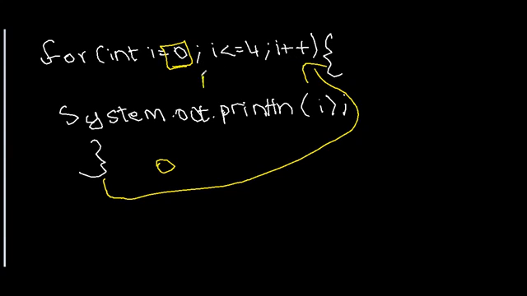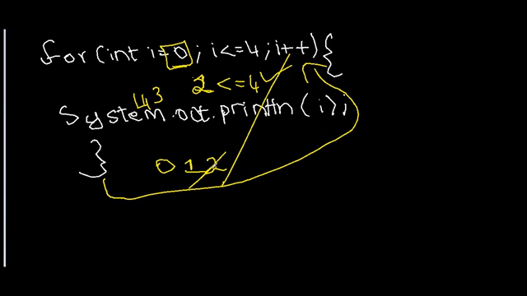It checks if 1 is less than or equal to 4, and that is true, so it prints 1, goes back, i++, then it checks if 2 is less than or equal to 4, prints 2, 3, 4. 4 is equal to 4, so it will print 4. The moment i becomes 5, it checks whether 5 is less than or equal to 4, which it's not, so it skips this entire part and goes out of the loop.